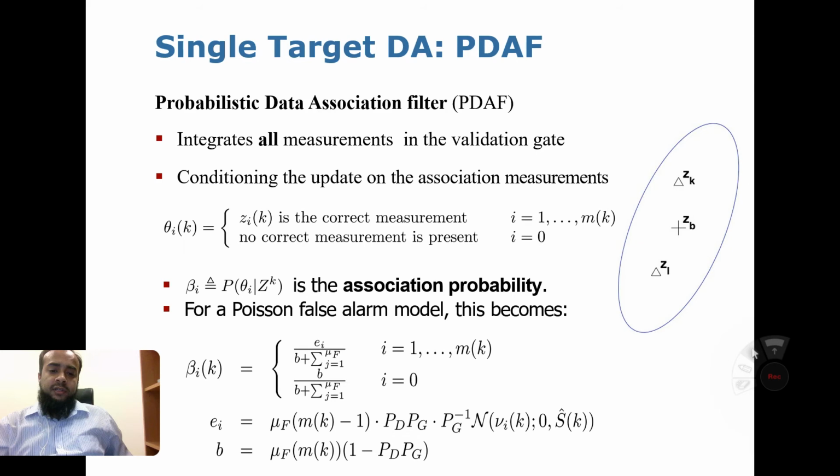Suppose in the next scan the distances of all measurements are very far away, and the measurements fall outside the validation gate. In this case we cannot create the validation gate because all measurements fail the gating threshold.